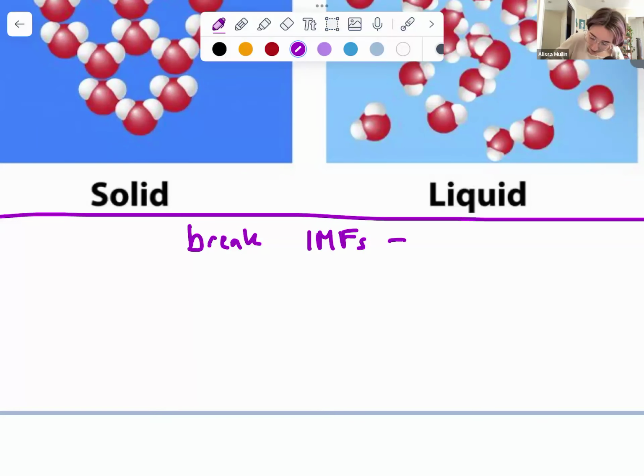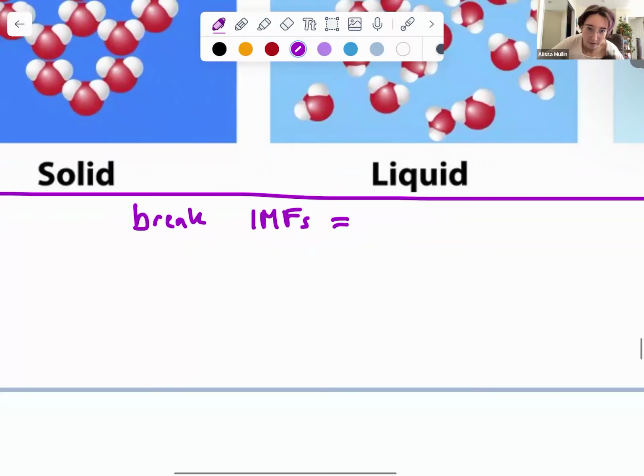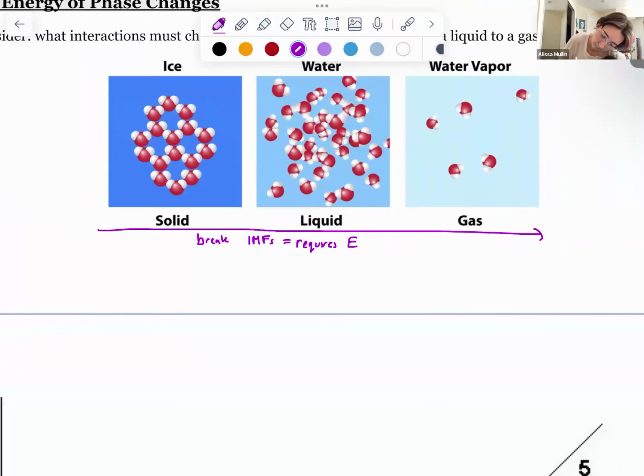And breaking any kind of chemical interaction like that, whether it's a bond or an IMF, will always require energy. And we can go the other way. What if we froze water into ice, that kind of thing?